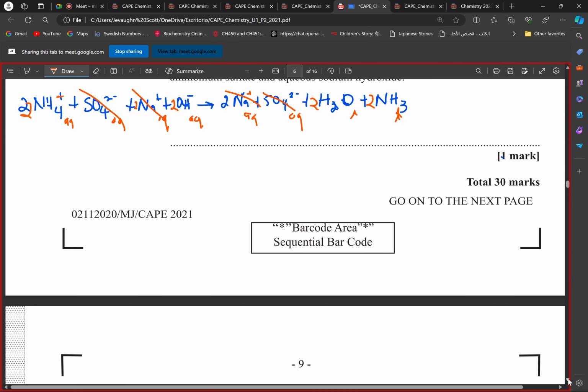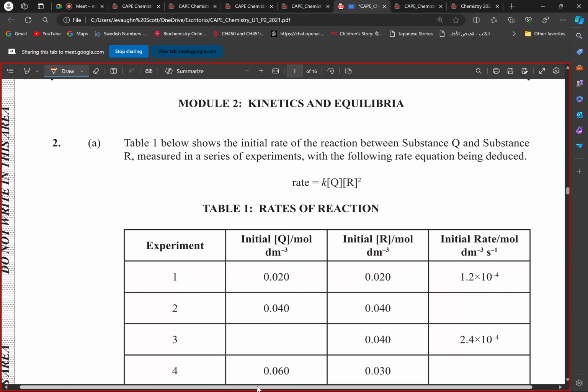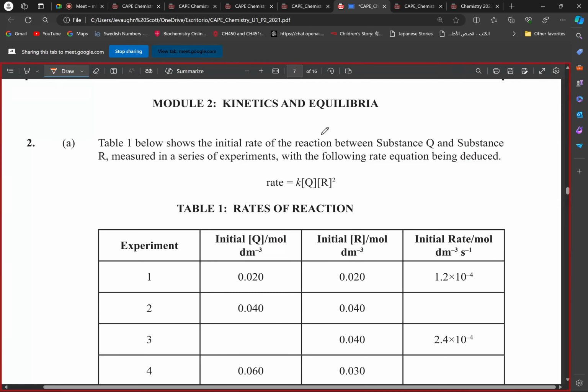That should make sense. Alright, so here now, in module 2, to show the initial rate of the reaction between substance Q and substance R measured in a series of experiments, the following rate equation was deduced. So what does this mean? Somebody read this and tell me what it means.